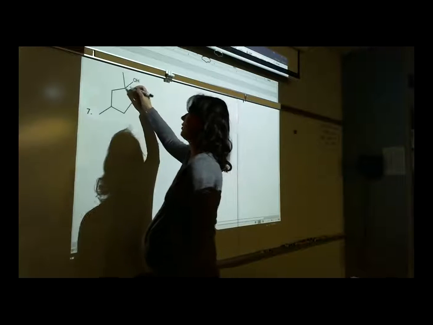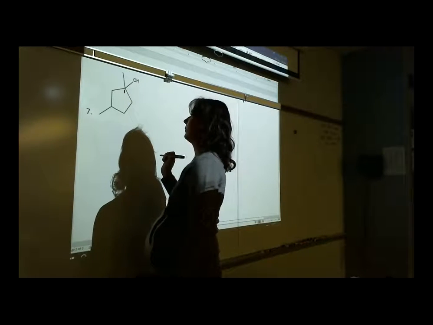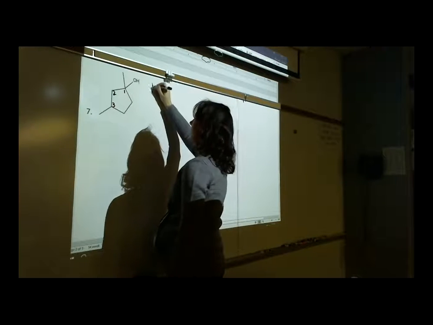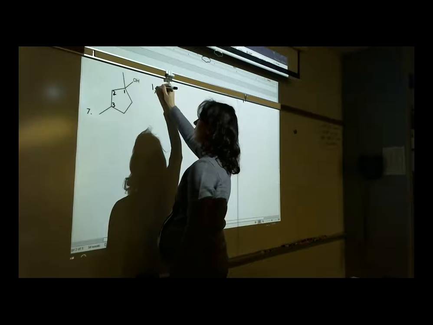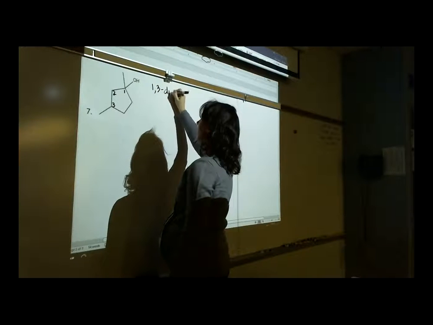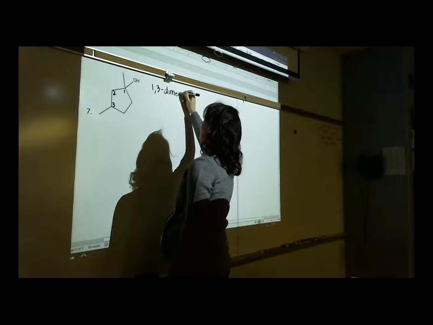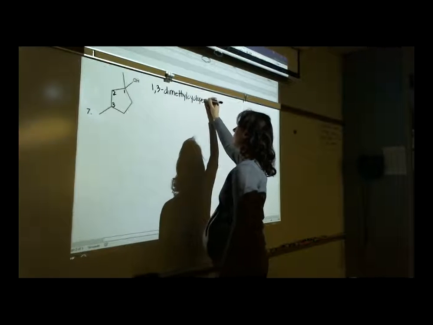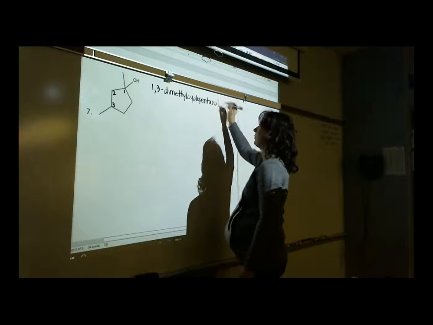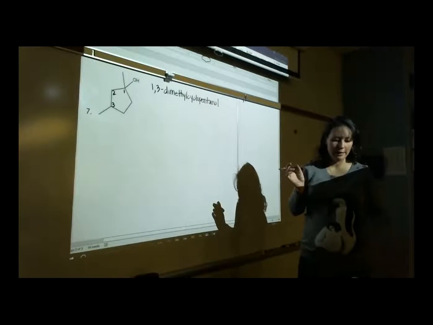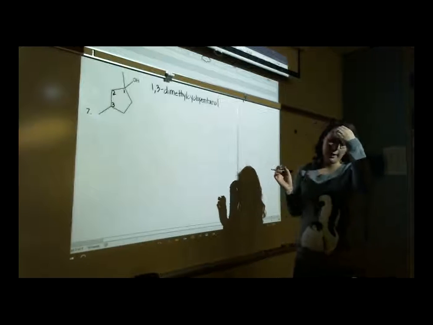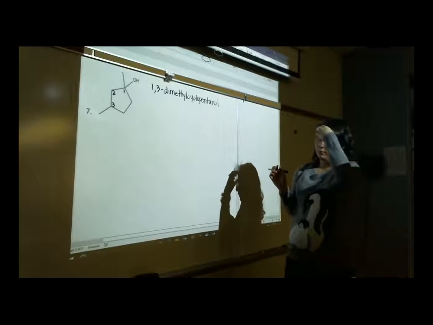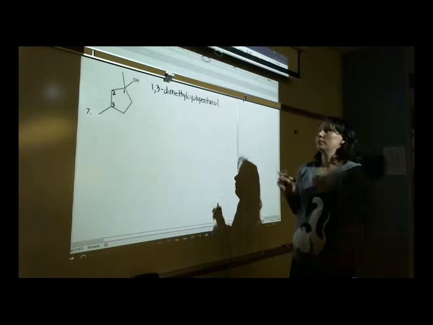And do we number clockwise or counterclockwise? Counter, right. So this is what? The one you have is a 1,3-dimethyl cyclopentanol. Right. Cyclopentanol, right? Yep. Okay, now when we make this, how do we make an alcohol? Alkene hydration and ketone hydration.